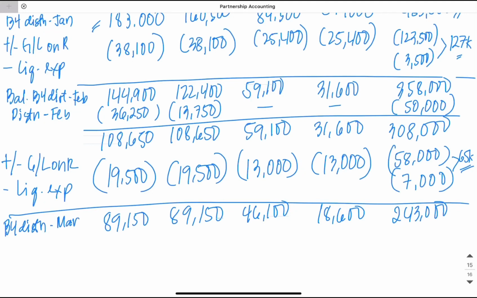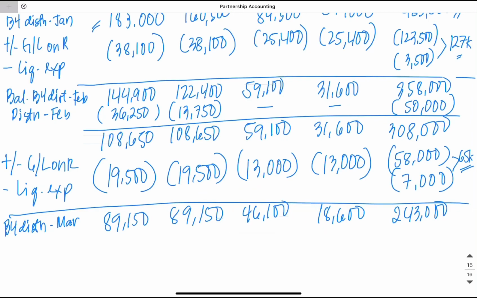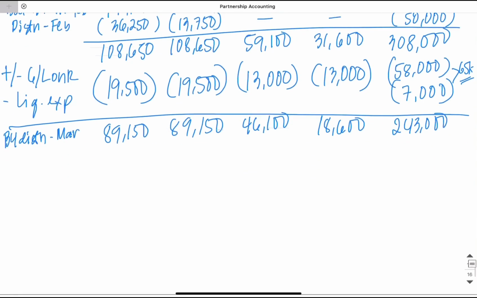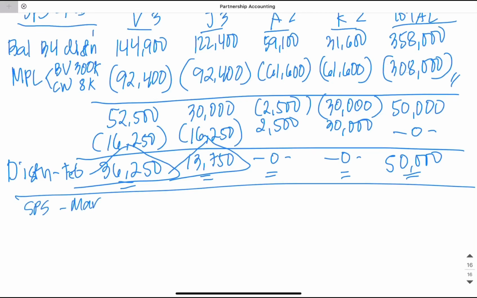If we're going to distribute, we have to prepare another safe payment schedule using these balances. Safe payment schedule, March. So Vince, James, Albert, and Kath, and then total.